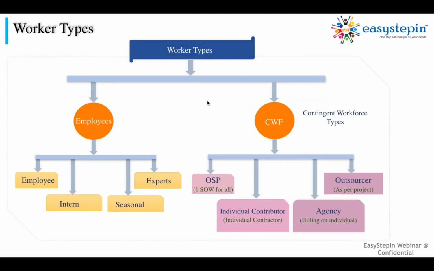So these vendors enroll with other companies to be informed with requirements and also to provide their eligible resources when required. So for example, say EzC have got a project requirement on MuleSoft for 10 resources, right? So at EzC we have only 5 MuleSoft resources and we need 5 more.